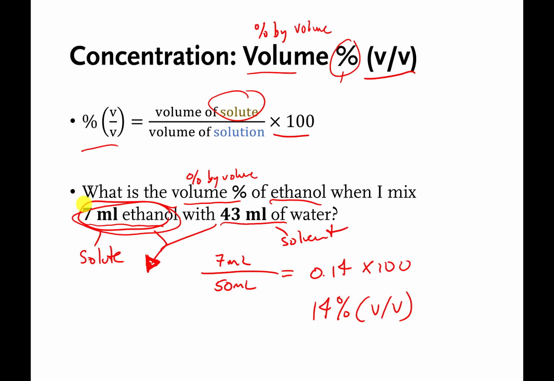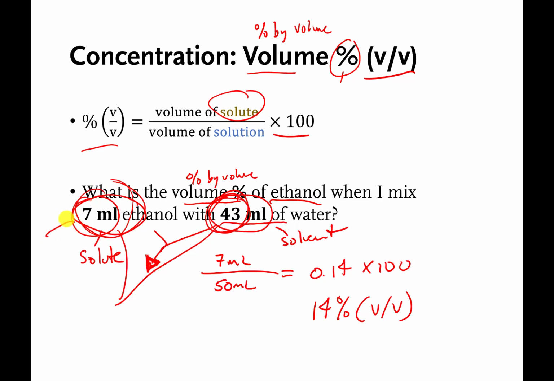In reality, sometimes when you mix certain liquids together, the total volume doesn't always equal what you think it should equal. In other words, you would think 7 plus 43 is going to be 50. You think it should equal 50. Sometimes it doesn't exactly equal 50, but as far as we are concerned, it's going to be close enough that it's not going to make a difference.